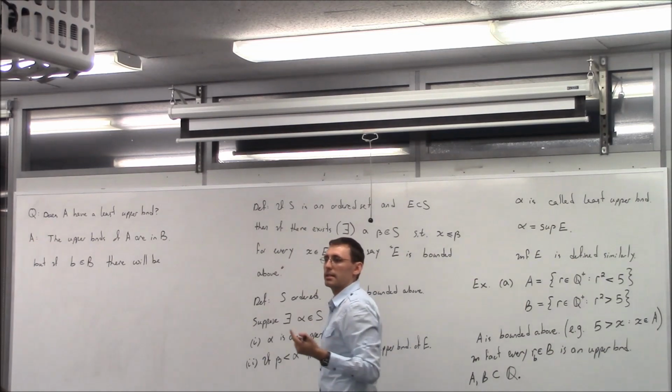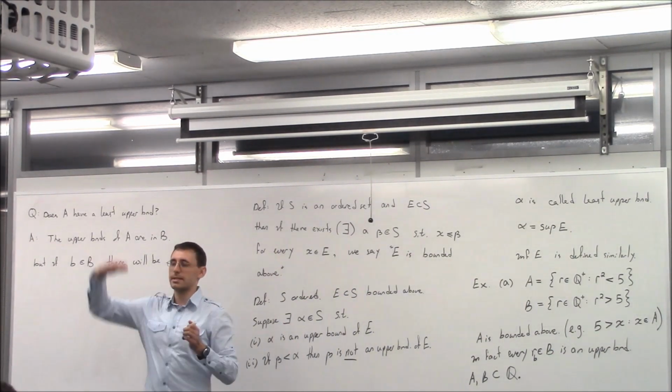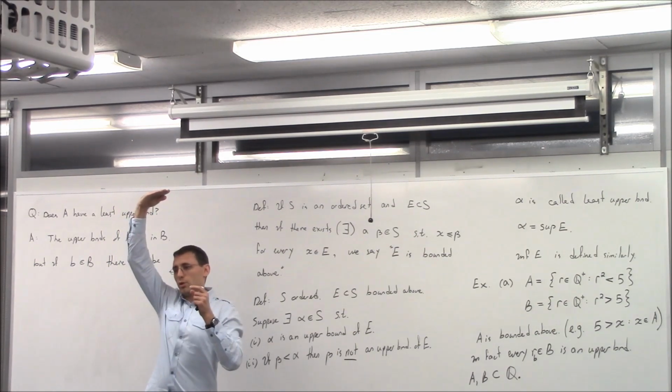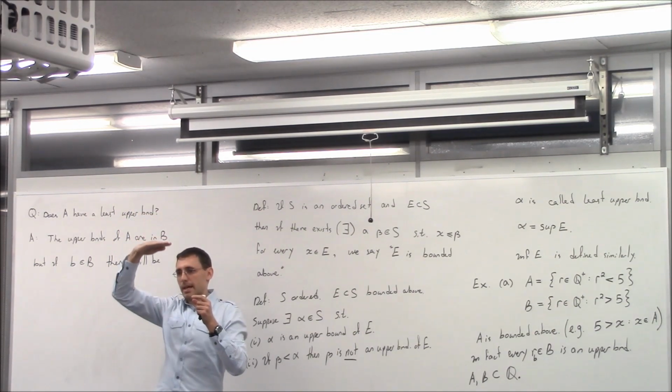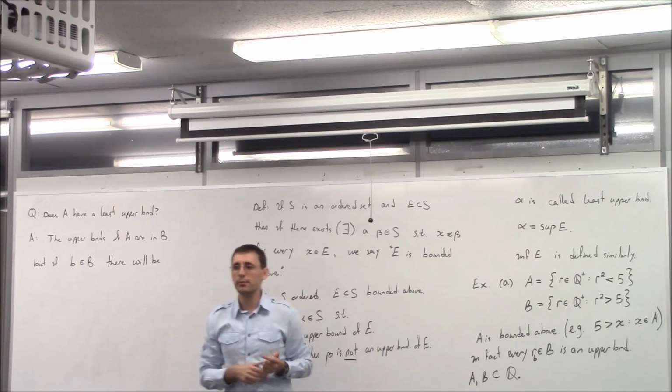Smaller one, precisely. Okay? So you understand what the least upper bound means. It means that you look through all the upper bounds and you can descend through them and you will find the smallest upper bound. That's going to be your supremum.